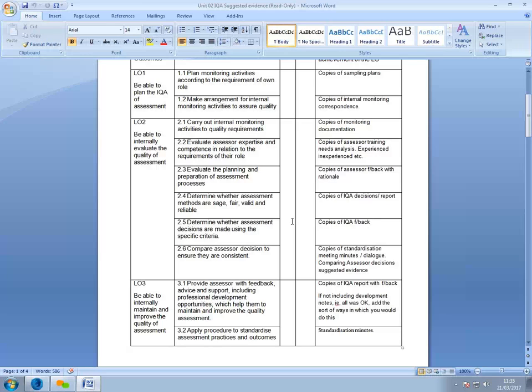If an assessor is continually getting feedback from the IQA to say, I don't agree with your decision on this, or you need to look at that, or you need to look at the other, then obviously there's an alarm bell ringing that you should be looking at. And these can be covered, of course, in the standardization meetings. And that was looking at fairness, if you remember what I said, right across the board, so that you've got a fair and reliable assessment process.